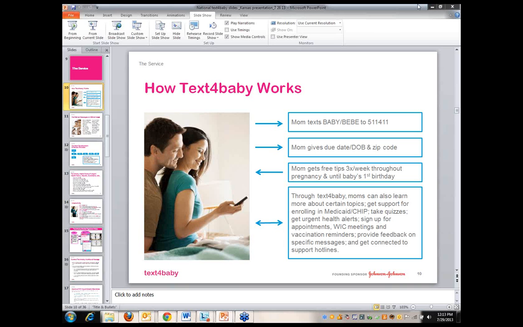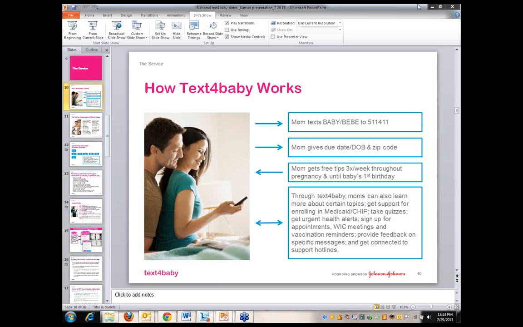We got such a great response rate that it showed us, wow, moms are reading these messages, these topics are important to them, and they're responding to us. So since then, we've tried to add in a little bit more information around Medicaid and CHIP. We have some quizzes. We also have the ability for moms to set up appointment reminders, which is a really neat feature that we've added into the service.